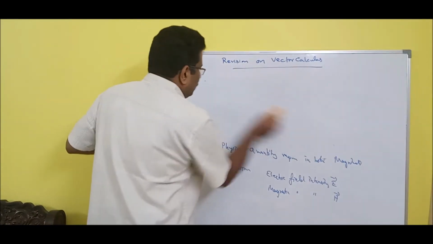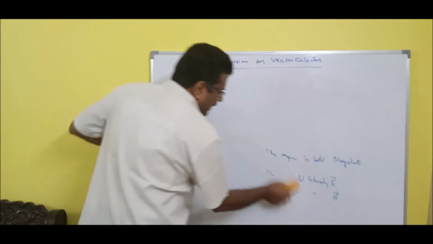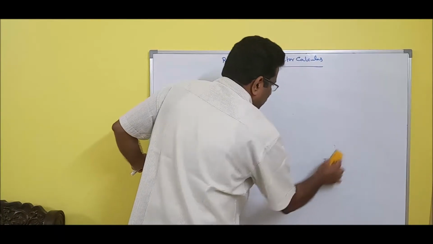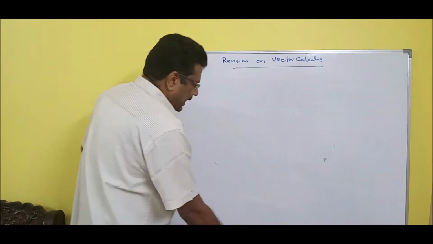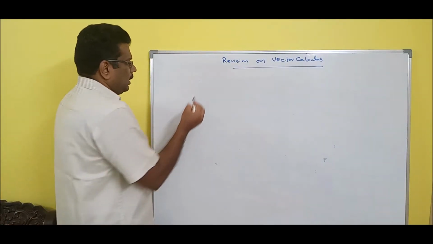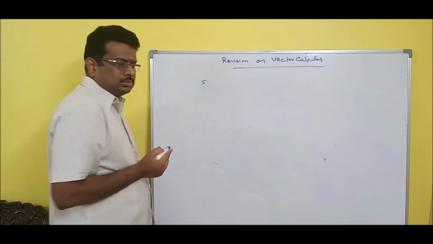Okay. Now let us do some mathematical calculations, called product, with respect to a scalar and a vector. Number 5 is a scalar.